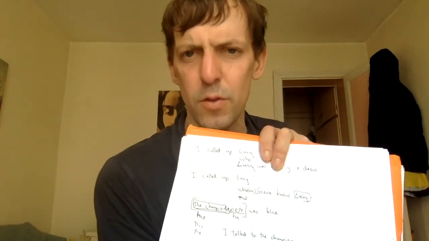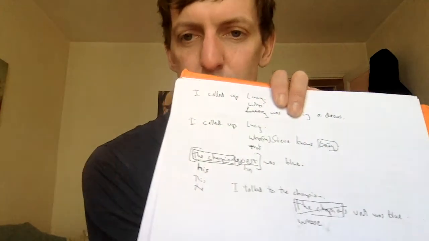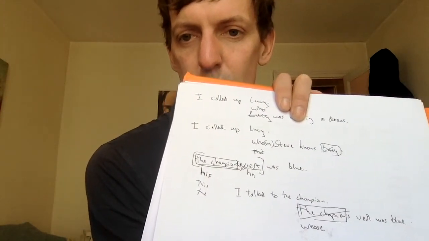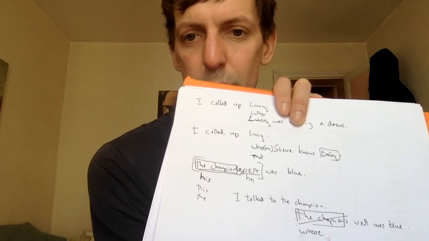So we're going to replace that and we're going to end up with, I talked to the champion, which champion? The champion whose vest was blue, right? That's our sentence. I talked to the champion whose vest was blue.